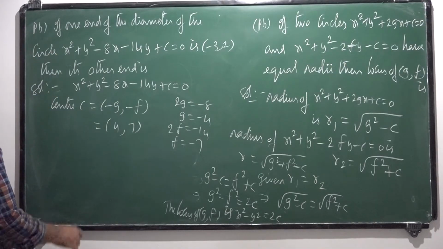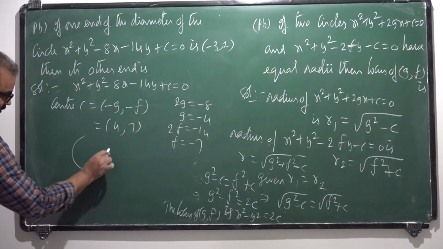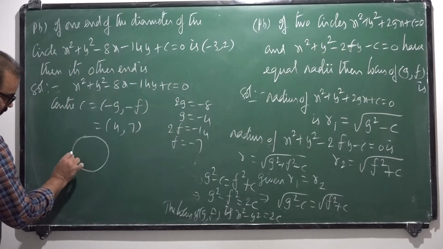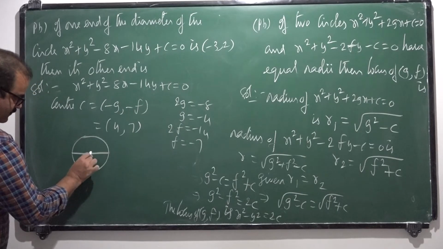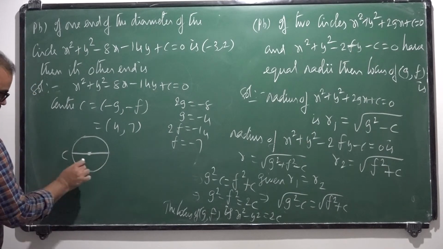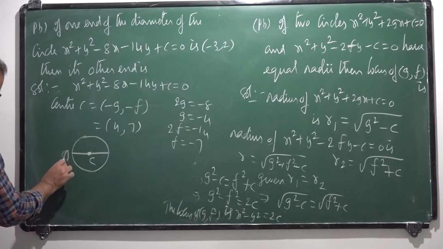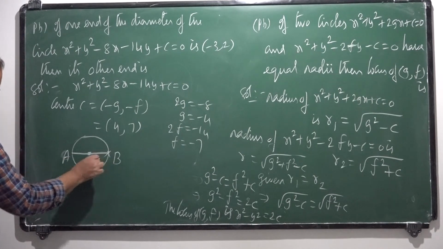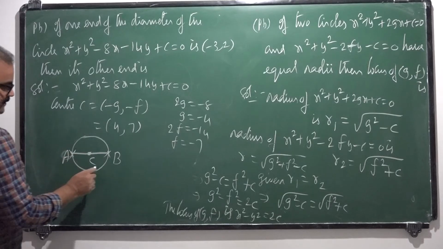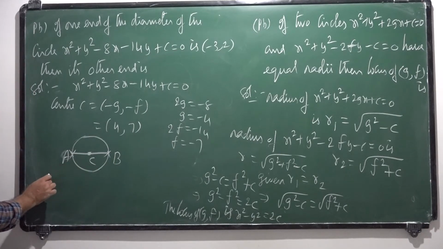One end of the diameter is given. See the diagram. Let's see with the center, and A and B are the ends of the diameter. One end is given, minus 3 comma.